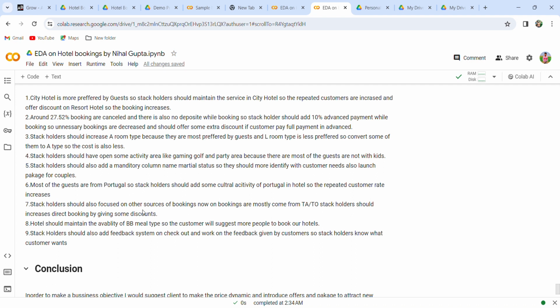Stakeholders should also focus on other sources of bookings. Bookings are almost all coming from online and TA/TO, so they have to look at all the areas for booking. The hotel should maintain availability of BB type meals so that customers recommend our hotel to more people.